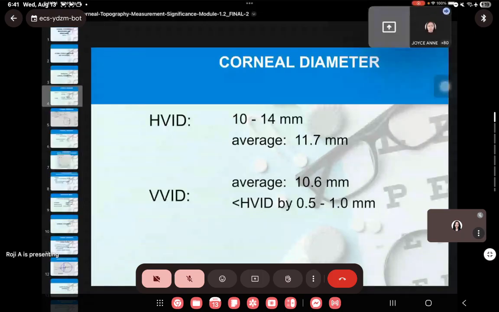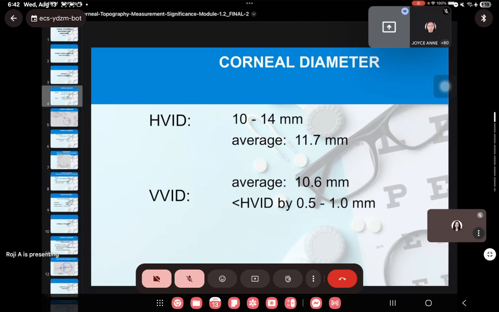Vertical visible iris diameter. Very good. So this is your vertical visible, which averages 10.6, which is lesser than your HVID by 0.5 to 1 millimeter.